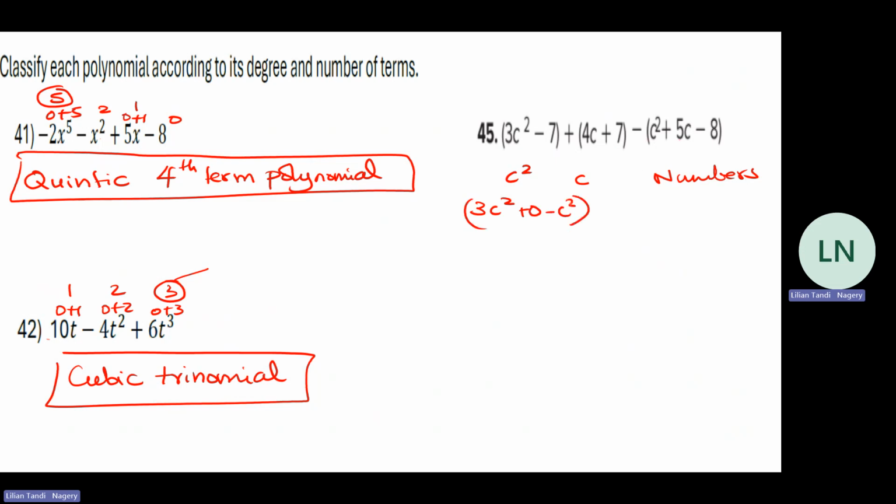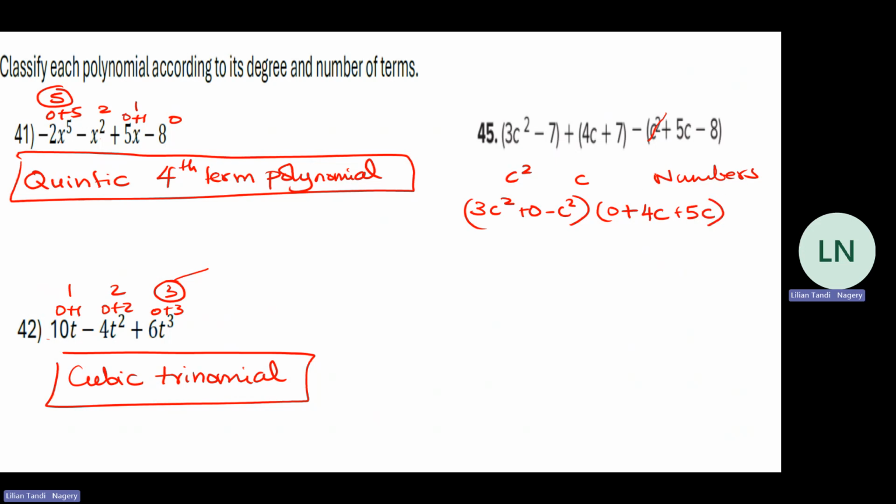So those are c squareds. C is what? There is no C here. There is no C here. So then there is C here. And then the C here, I've already used this. So the C here is 5C.